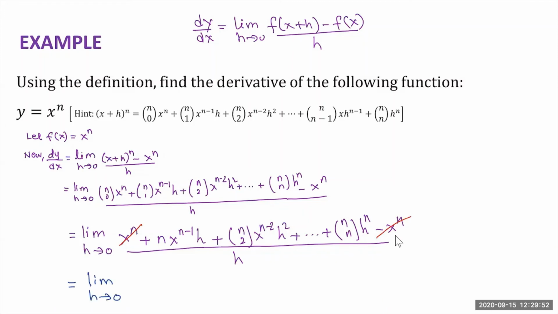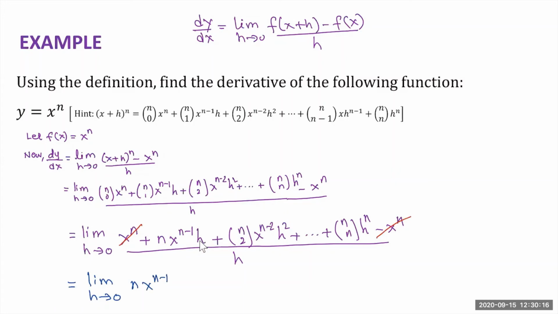The limit as h approaches 0. Now this is a common denominator. H is the denominator of the first term, the second term, all the terms in the middle, and also the last term. So if you look at it carefully, we have n x to the n minus 1.